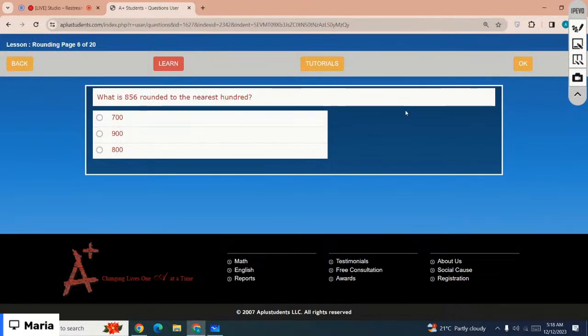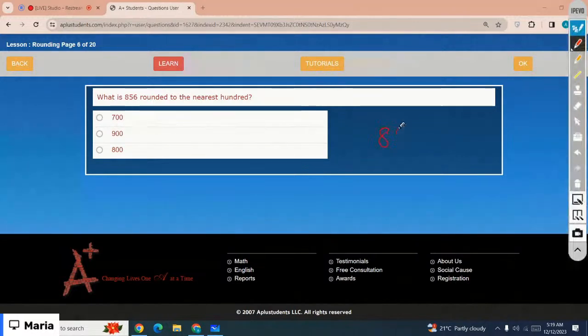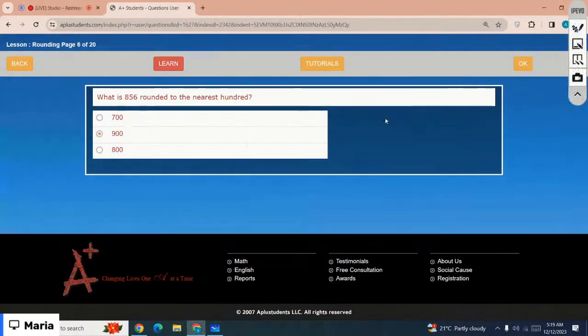You have to round to the nearest 100. The hundreds digit is 8. Just look on the board. 8 is the hundreds digit, right? Next to 8 you have 5. 5 is equal to 5, so you have to round up. 8 plus 1 is 9. Replace the other two digits with 0. So the correct option is 900. Got it, everyone? 856 is rounded to 900.